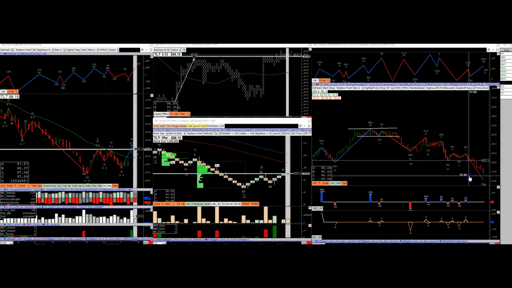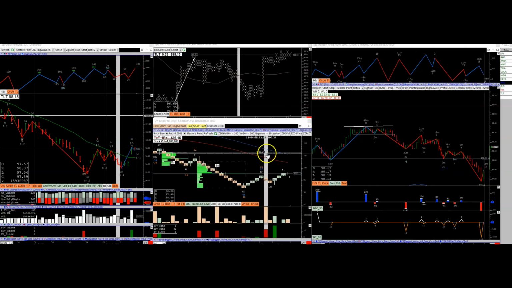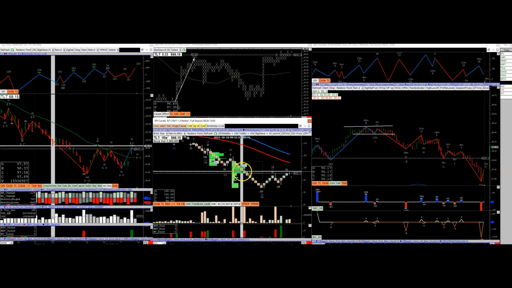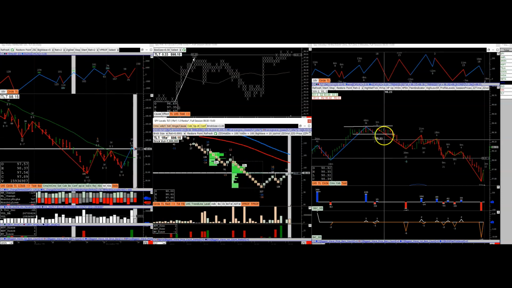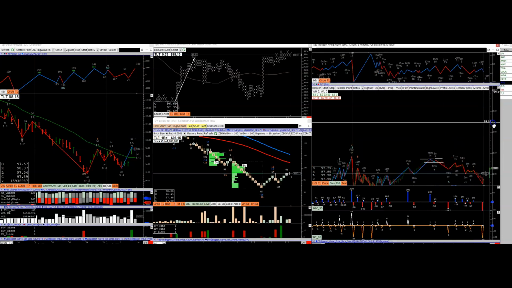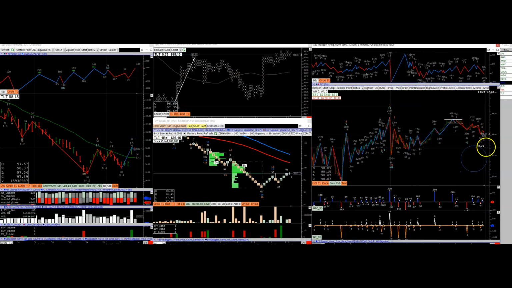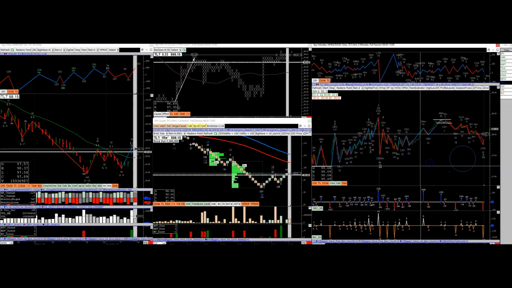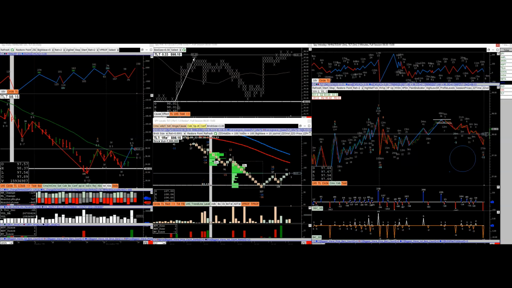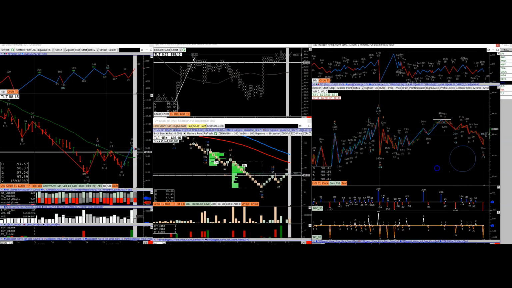And then look what happened. Oop. On the test of this breakout, they're at that level. Up, down, up, and back down. You just have to wait for it.